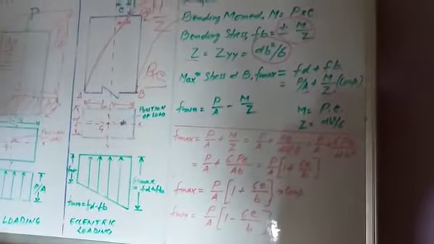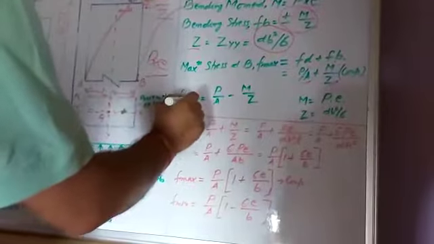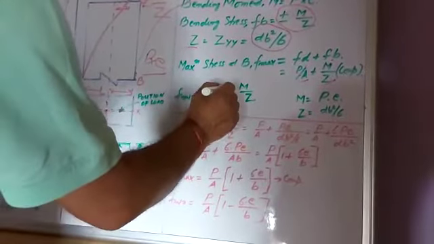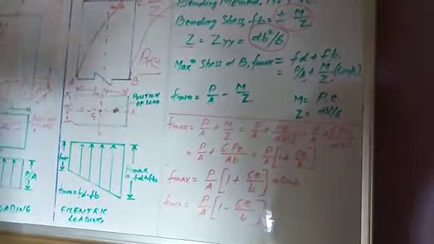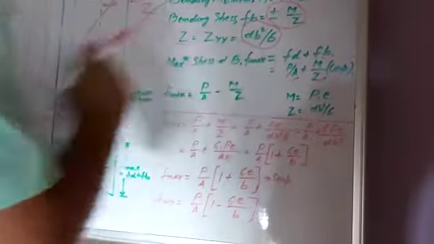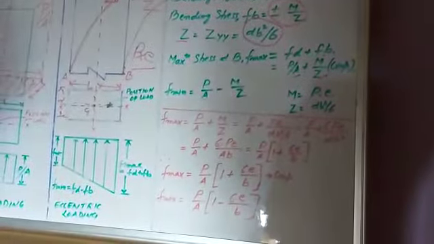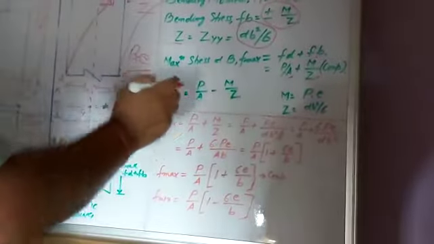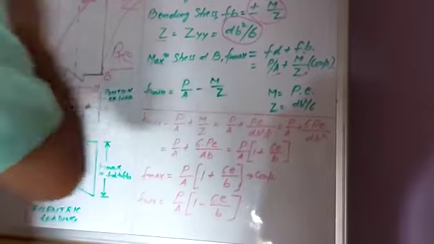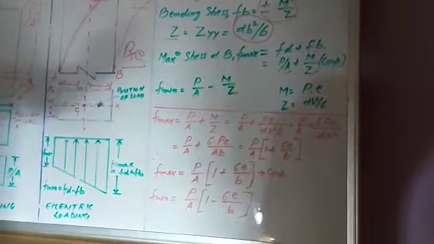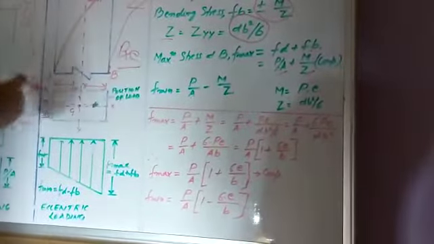And what is the minimum stress? Minimum stress F minimum is equal to P by A minus M by Z, that is direct stress minus the bending stress. Now this value can either be positive or negative. If the value of P by A is more than M by Z, then it is a positive value, that means compression at this edge also.